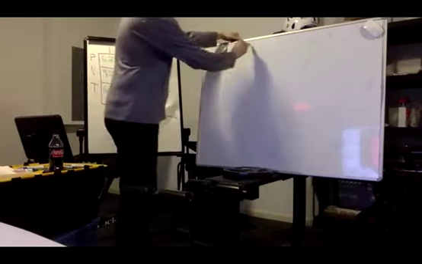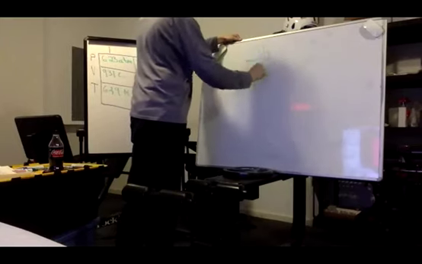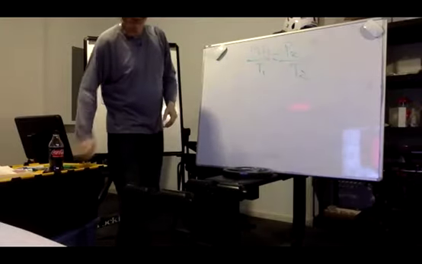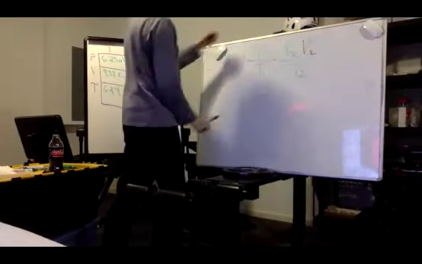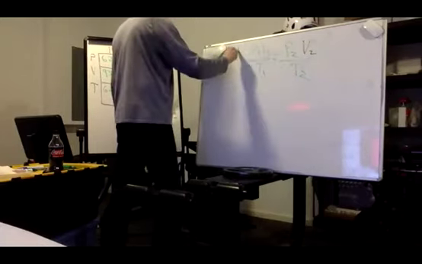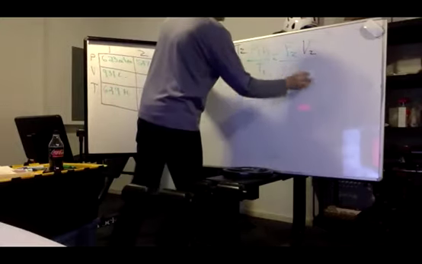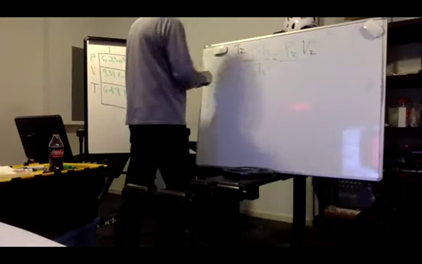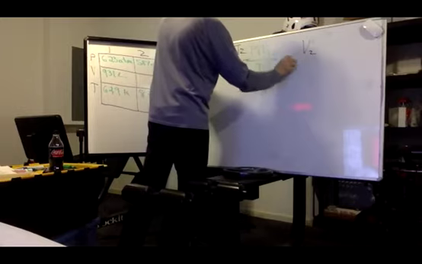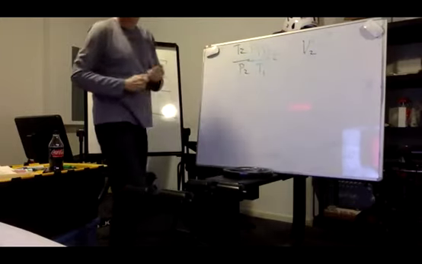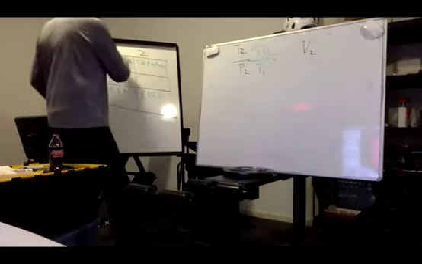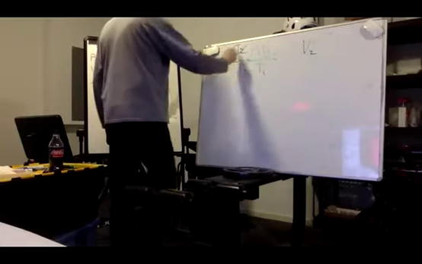So everything starts with the root. You get V2 by itself, T2 upstairs, T2 downstairs, T2 upstairs, P2 upstairs, P2 downstairs. That right there is really the hardest part of working a gas law problem. Because then all you're doing next is taking the numbers, sticking them in for the letters, and making sure you only use them once.